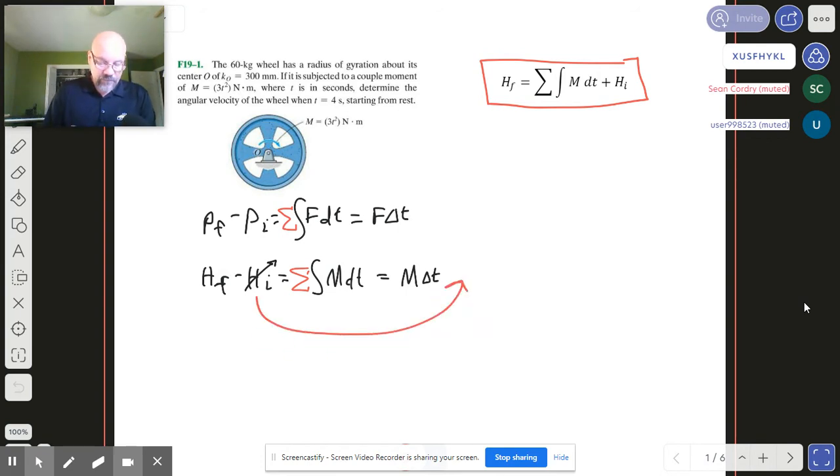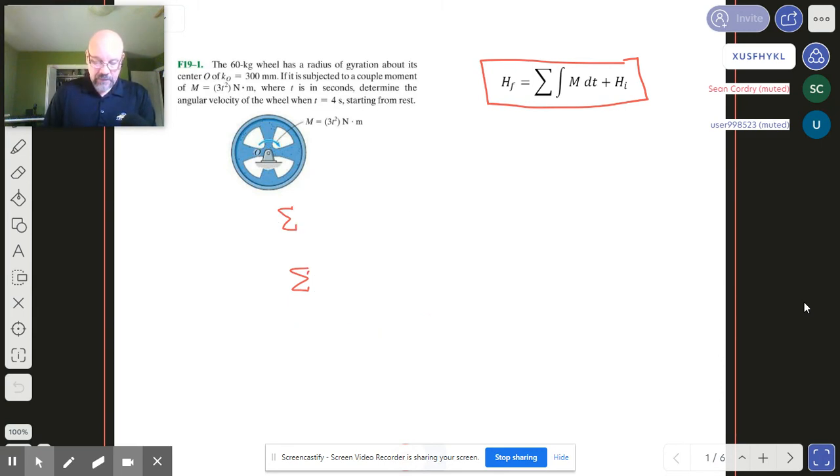So let me get rid of a few things that we're not going to need, and let's work this problem. So we've got this wheel. It's pretty massive. The mass is 60 kilograms. They give us a radius of gyration there, so that's pretty cool.